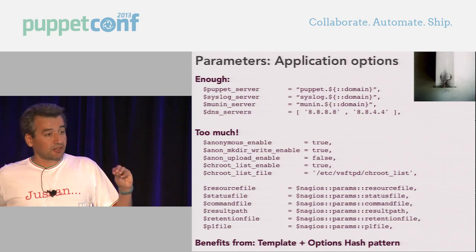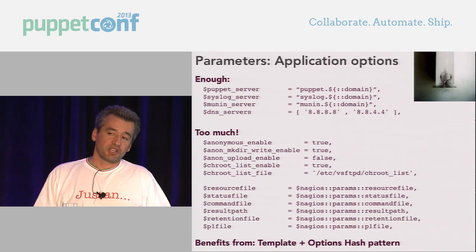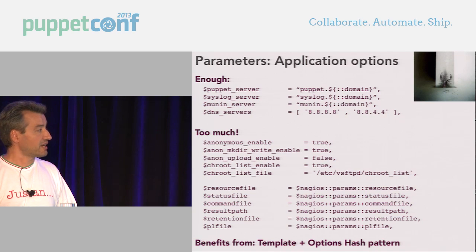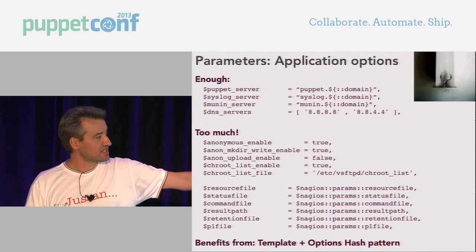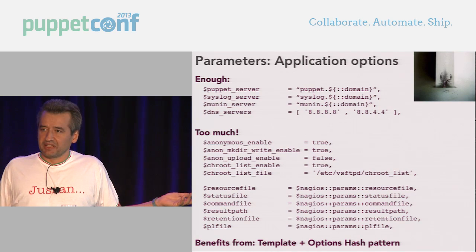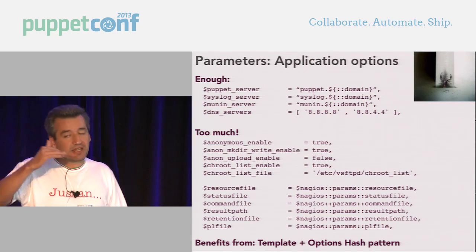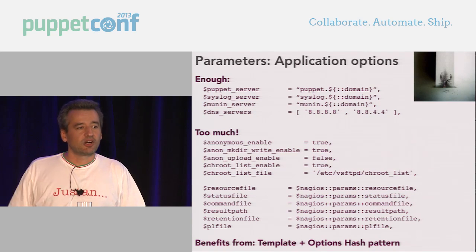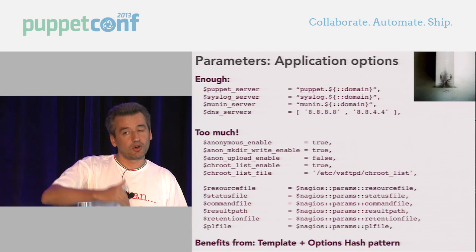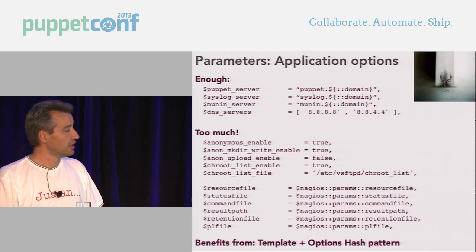But if you start to add one parameter for each application option you may have in your module, you can have parameters like all the ones set there and many more, which can be a never-ending quest. For any specific application option, you may have a parameter to set it, and this could grow in quite an uncontrolled way.